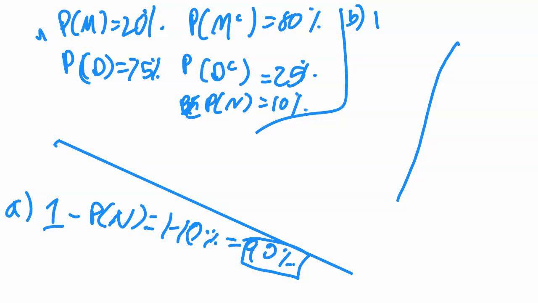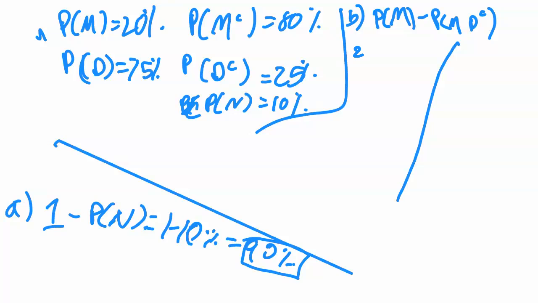B, meat but not dessert. What that's asking for is the probability of meat, but subtract from that the probability that they will have meat and dessert. So that would be the intersection. The way I did it was the intersection of meat and the not dessert, the complement of dessert. There might be an easy way to do this, but that's how I did it.